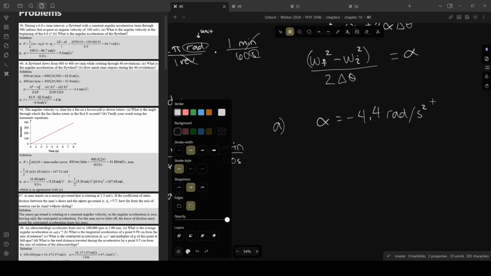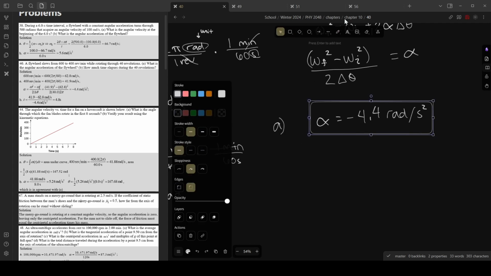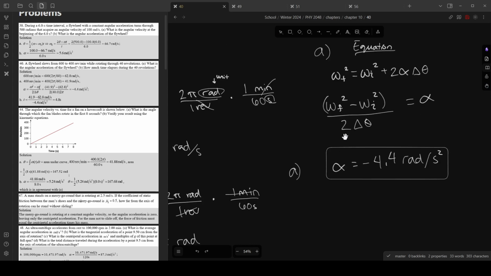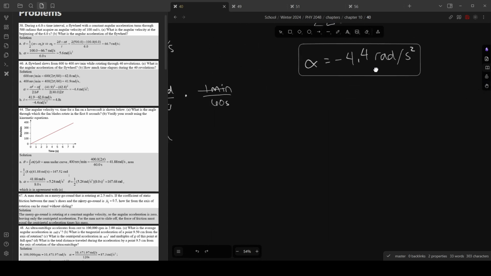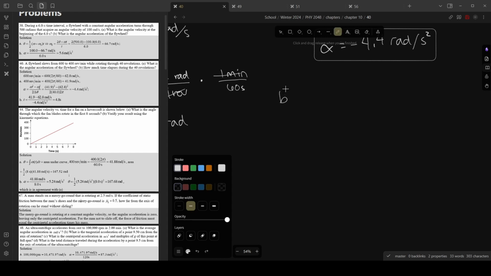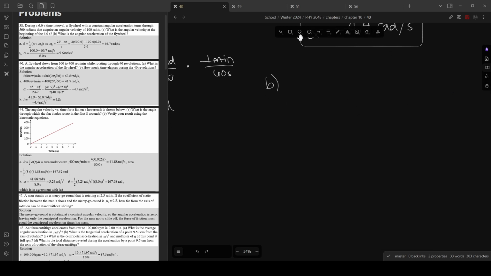And let's go ahead and start part B. I wrote part A twice, whoops. So part B says how much time elapses during the 40 revolutions. So again, this is pretty straightforward.